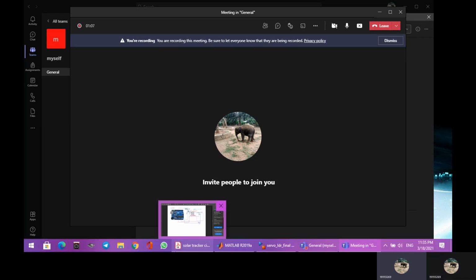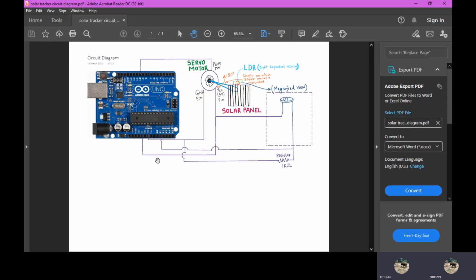So here is the circuit diagram for my solar tracker. Here in this circuit diagram I will explain how the connections have been done.